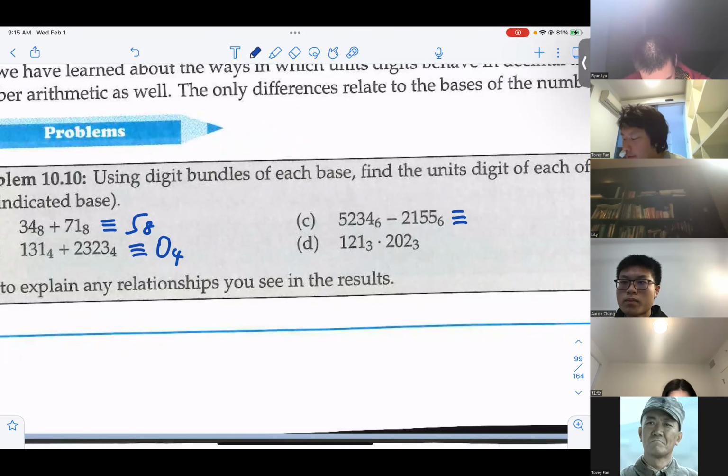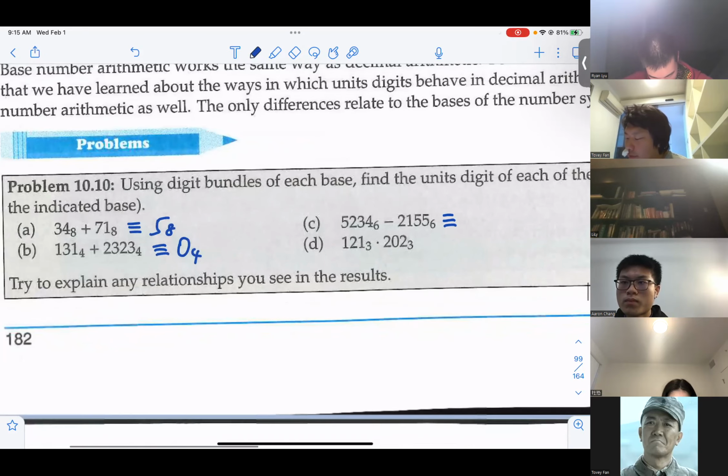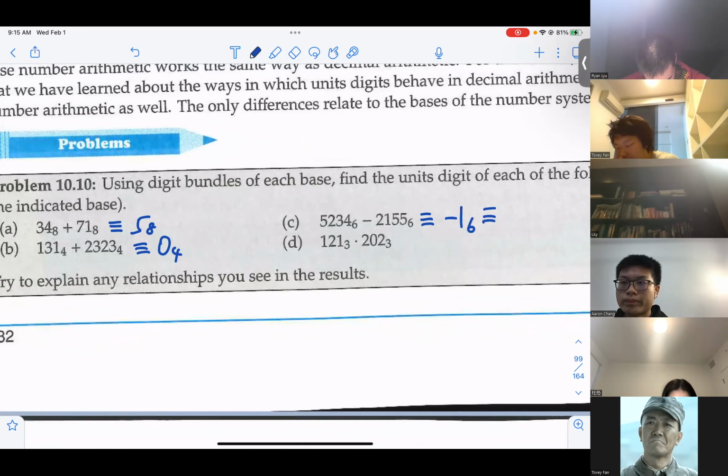That's negative 1, right? If you want, you can actually write down negative 1, okay? But we rarely do this. We add 6 to it, it's going to be 5, because you have to borrow 1 from the previous digit, and when you borrow 1, it's base 6, you're borrowing 6. And the last one, 1 times 2 is just 2. Okay. Shouldn't be hard at all.